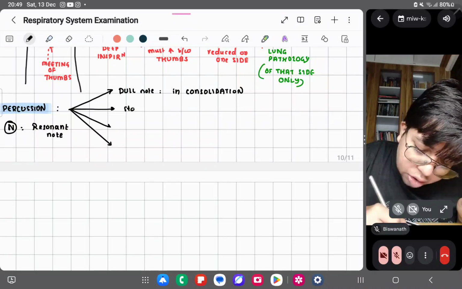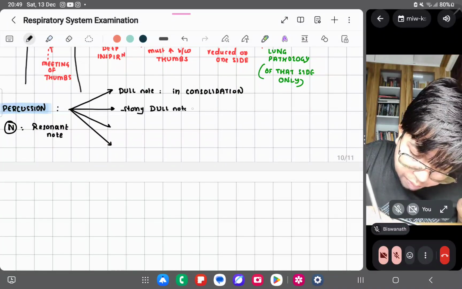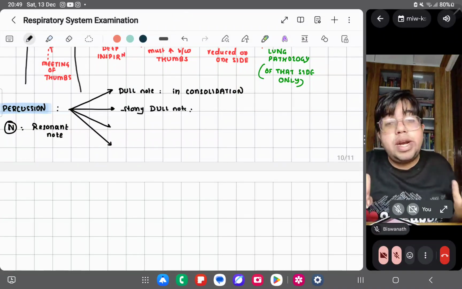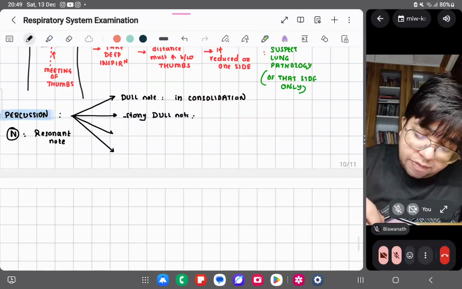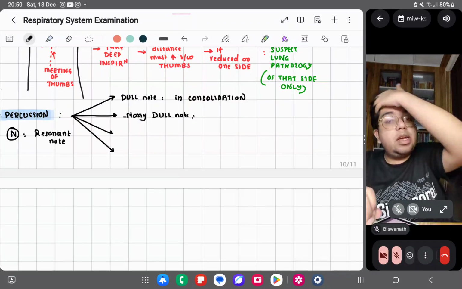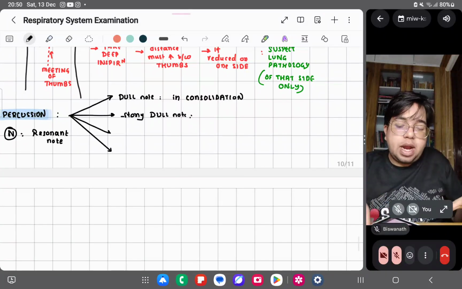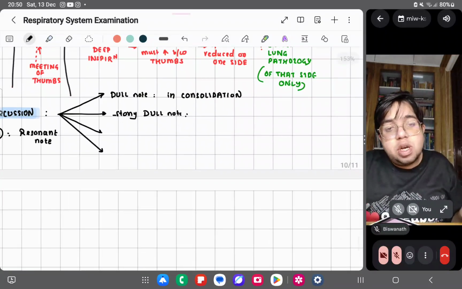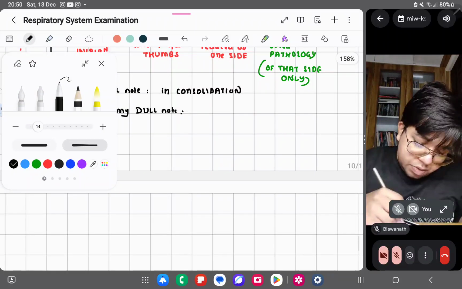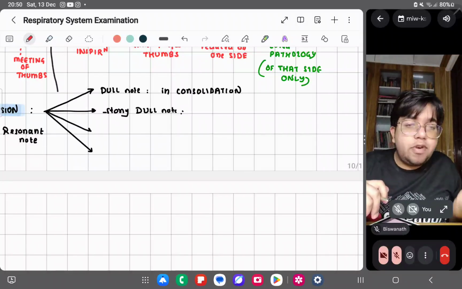If you're getting the stony dull note, okay. If you're not understanding the notes, I will take a session on resonance also, because this is a concept, and I can't teach everything in this particular session. You can remember for now if you don't know, or you can watch any video for resonance.